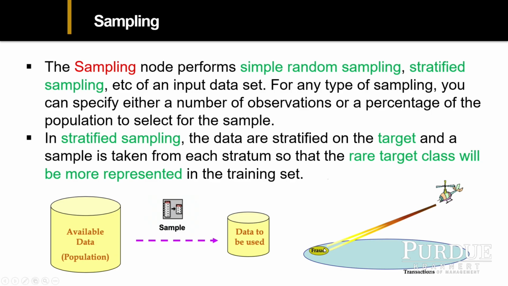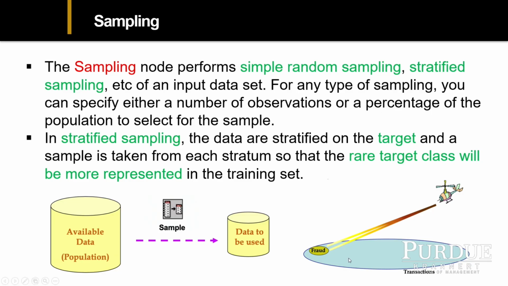Then to do stratified sampling, we sample based on their class. So data are stratified on the target, fraud and non-fraud, and then within each class, we sample with some percentage. So those are two commonly used sampling methods.